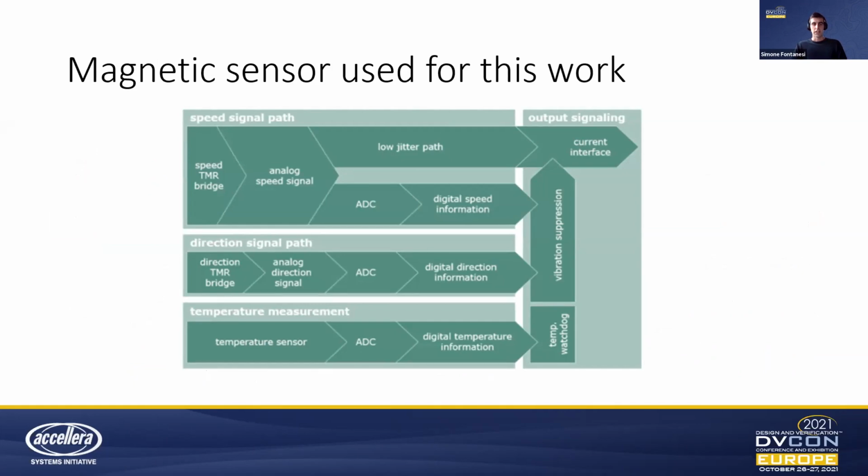So there are 3 channels, which consist of a sensing element based on TMR technology, analog signal processing with preamplifier and filters, analog to digital converters, and then some digital algorithm implemented in VHDL, which processes the input coming from the analog front end and which then communicates the data to the ECU.